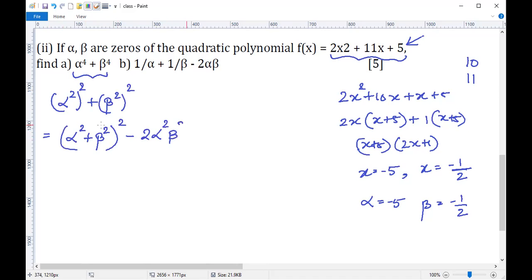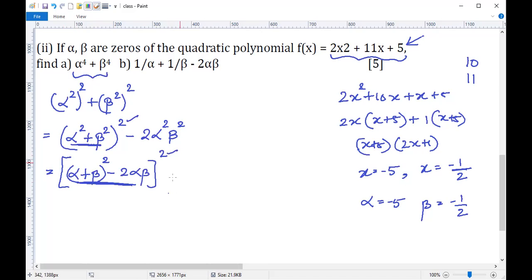Here, where I said alpha beta, I have put alpha squared beta squared, because inside it is alpha squared and beta squared. Okay, again here further, what is inside? Alpha squared plus beta squared, which you can further split as alpha plus beta whole squared minus 2 alpha beta. Keep in mind there is a whole square on top of this term, which is what we have written here. Clear?